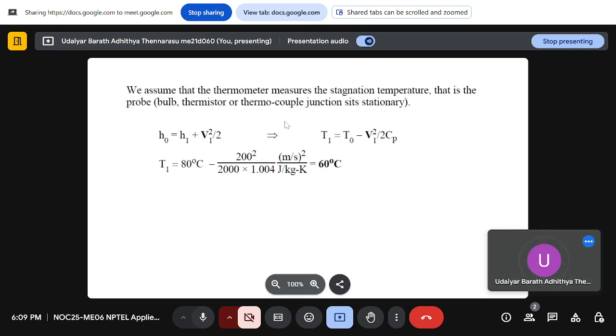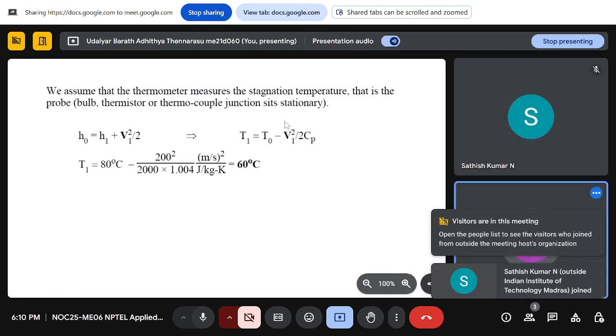And then if you write the steady flow energy equation for this, initially you have flow coming in at some velocity and with some enthalpy. So state 1 has velocity V1, temperature T1 and enthalpy H1. Then it flows into the temperature sensing device and comes to a stagnation point. At this point your velocity is 0 and you have some enthalpy H0.